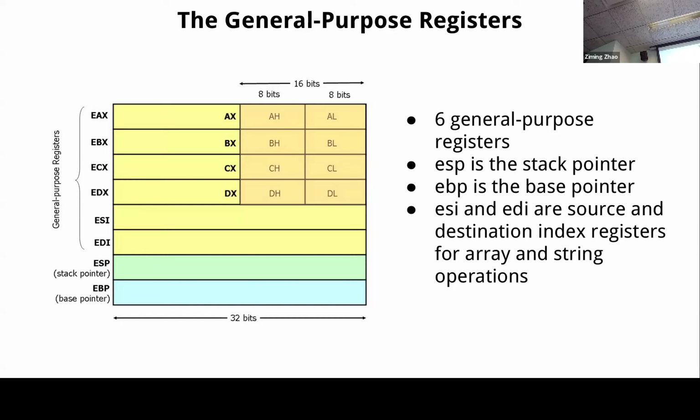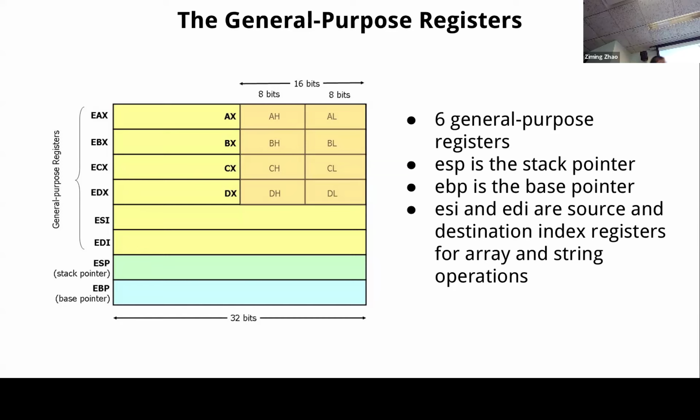We can even refer to their lower 8 bits as AL, BL, CL, DL. This is just 1 byte, 8 bits. Then we can also refer to the higher 8 bits. For ESI and EDI, you can refer to the lower 16 bits, but you cannot refer to the lower 8 bits.